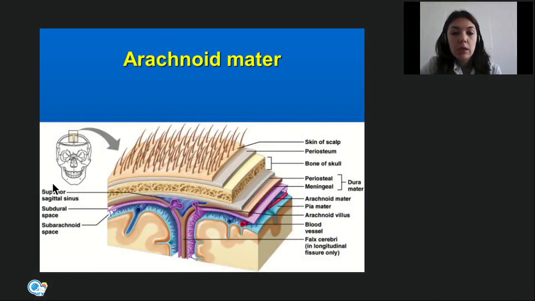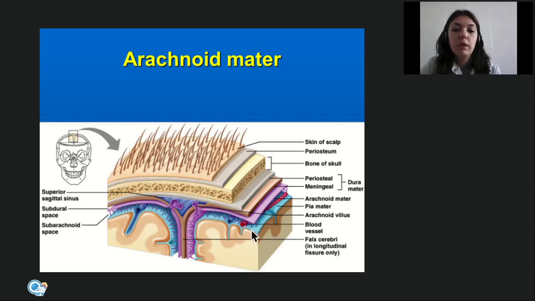Arachnoid mater is the middle covering, and it enters the largest fissures. For example, it enters the longitudinal fissure of the brain, but it doesn't enter small sulci. Pia mater, the vascular tunic, consists of numerous blood vessels, capillaries. It enters each sulcus, even the smallest.